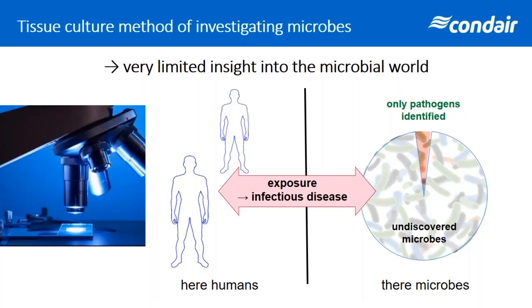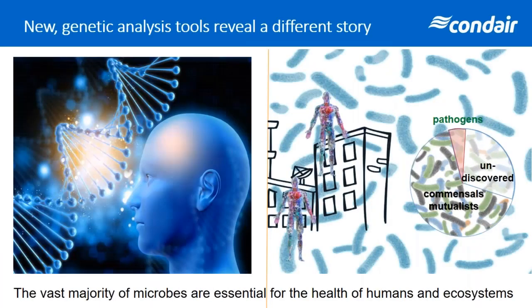And the resulting mindset of us humans about microbes is that humans are here, microbes are there, they're bad, and all of the germs that we found were usually associated with diseases. But thankfully, we now have another technique. So now we can use genetic analysis tools, which are tools that were initially used primarily in clinical medicine to identify viruses or bacteria, say, in your blood.